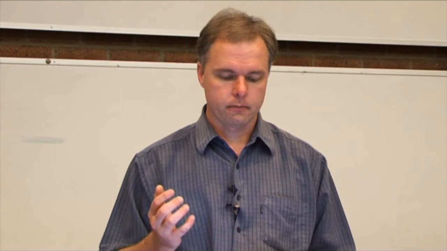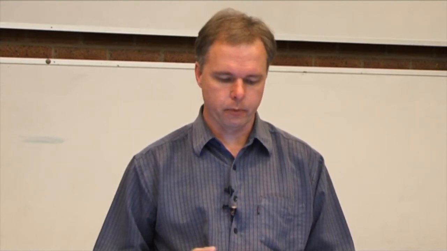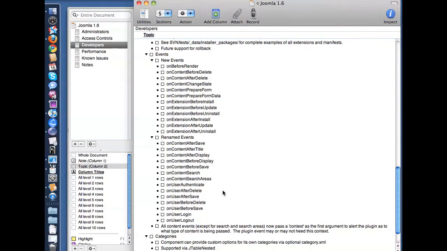I'll have all this available for people sometime. I haven't finished this yet, so don't be too worried about writing it down. When you're changing state, there's a trigger for change state. There's also triggers for before and after an extension installs, updates and uninstalls, and a whole host of renamed extensions.